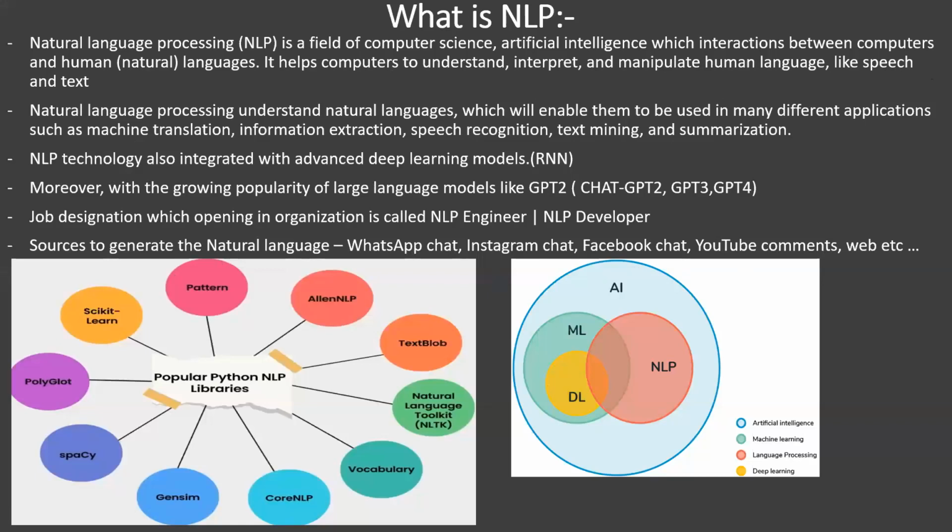For example, if you go to France and you don't know the language, you use Google and type, how are you? It will convert to French, isn't it? This is called language translation. Other applications are information extraction, speech recognition, text mining, and summarization. Speech is one kind of data, text is also one kind of data.